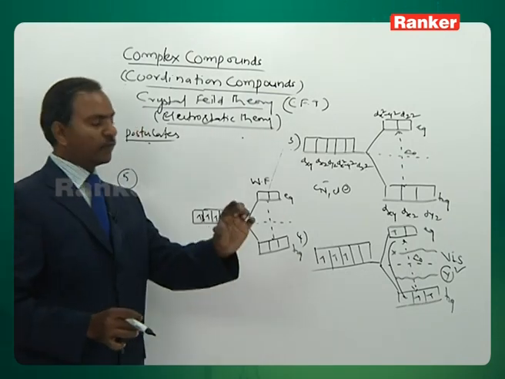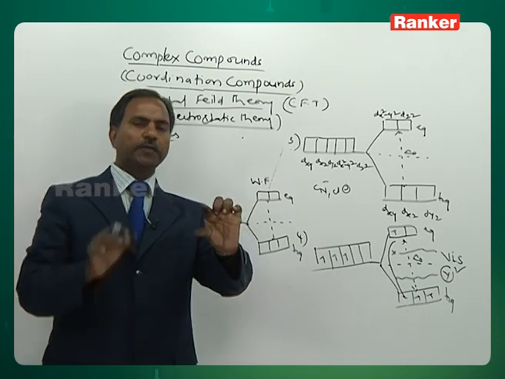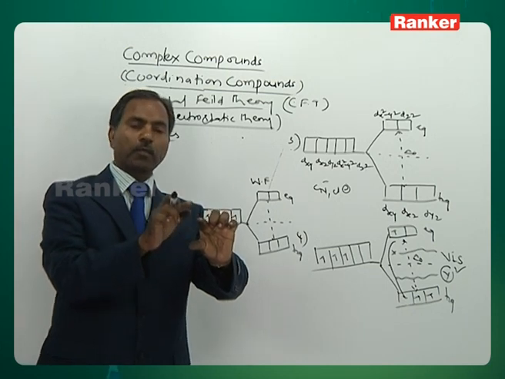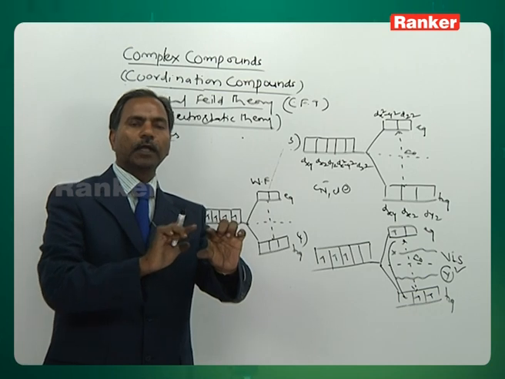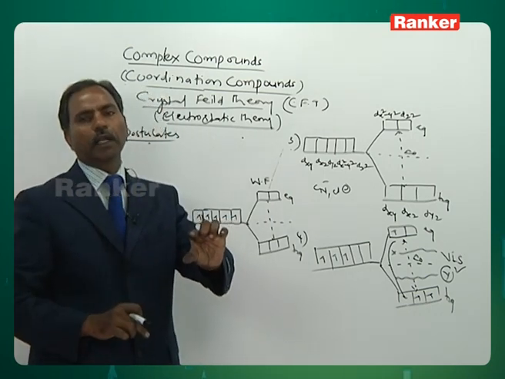Once a weak field ligand is there, the splitting of d orbitals is less. Once splitting is less, electrons can fill the lower energy levels, but there is not much energy difference, so electrons can also enter the higher energy level.